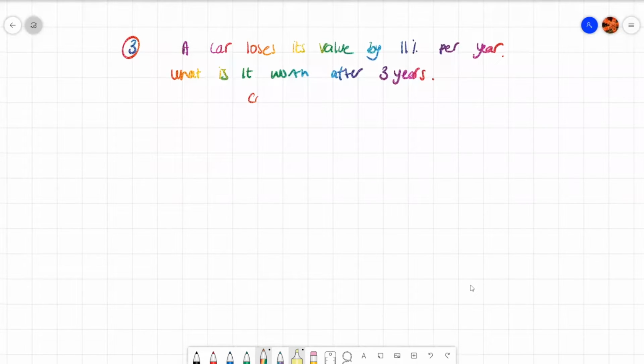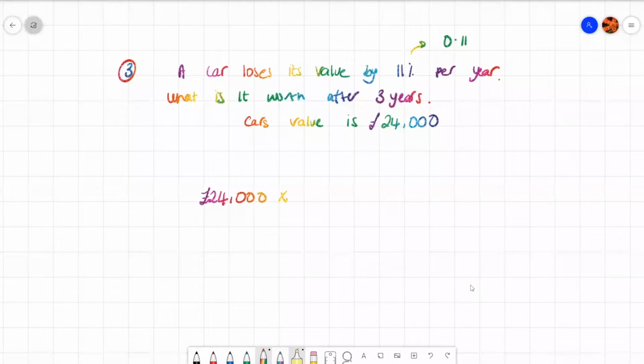Let's say the car's value is 24,000 exactly. So we're going to have our starting amount, which is 24,000 times by, well, 11% as a decimal is 0.11, but this is the problem here now. It's losing its value by 11%.